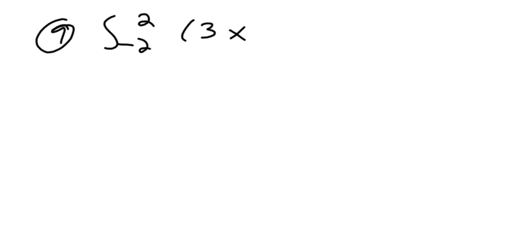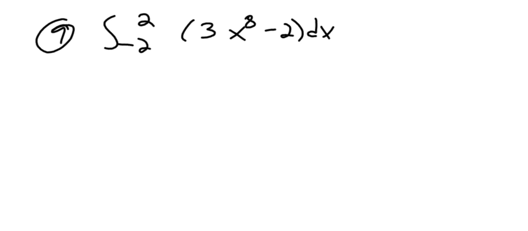So I'm going to do a couple of examples. Number 9, we're going from negative 2 to 2 of 3x to the 8th minus 2 dx. We see that it's an even function. We should remember how to determine even and odd functions. Replace x with negative x, and if you get the same function as a result, it's even.